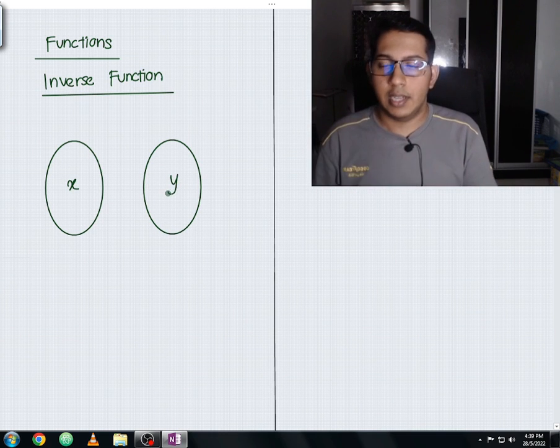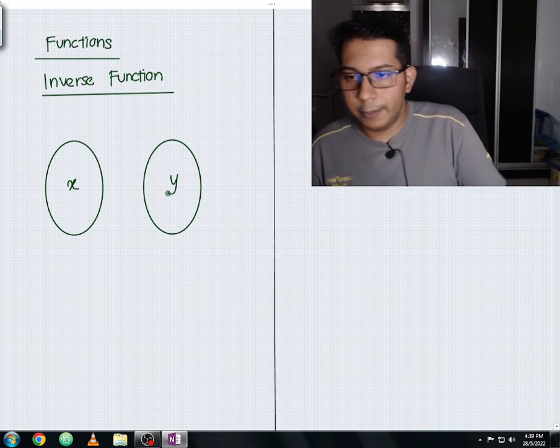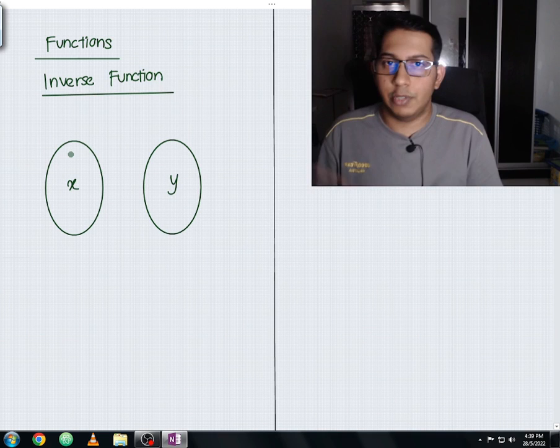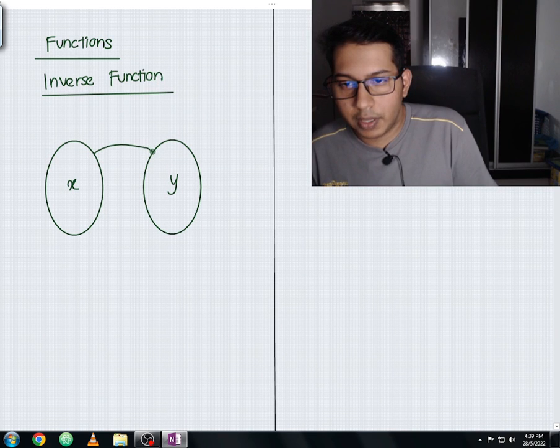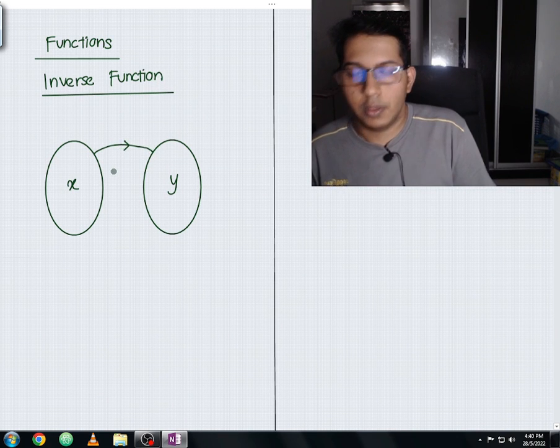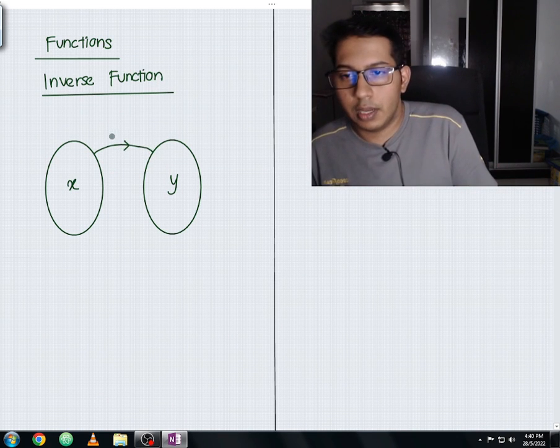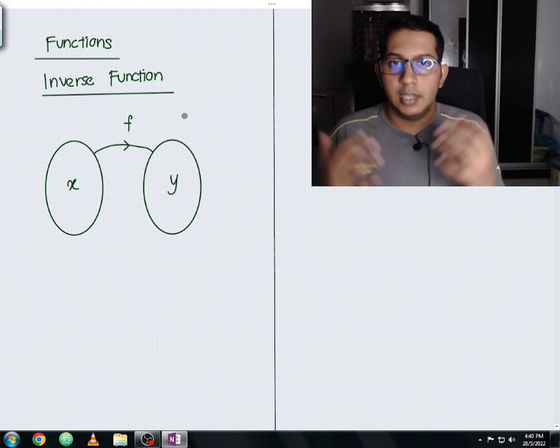There is a reason, guys. In the previous subtopic we have learned that x is mapped towards y to form a function, a normal function, which in this case let me write in terms of letter f. So that is a function.